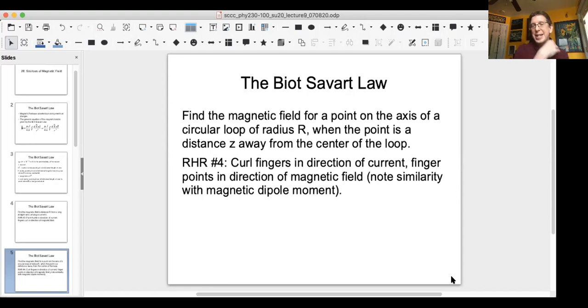And again, that's how you're able to attach a bar magnet to a refrigerator, for example. But that's also how electromagnets work. You wrap a current around a piece of iron, and when you turn the current on, the loops of wire create a magnetic field.